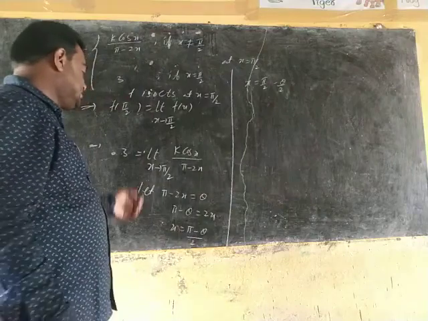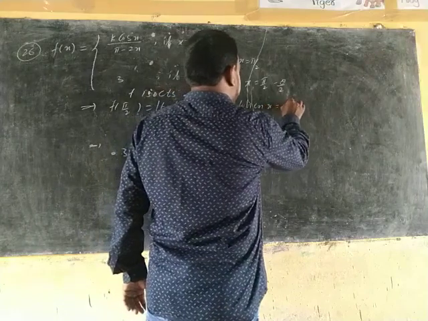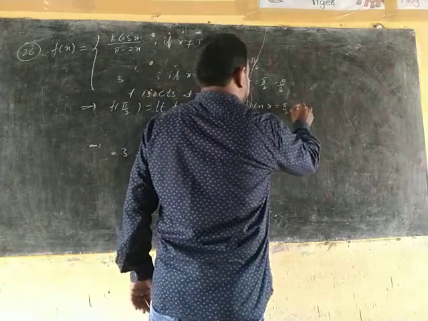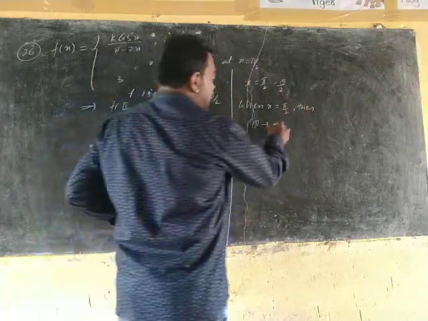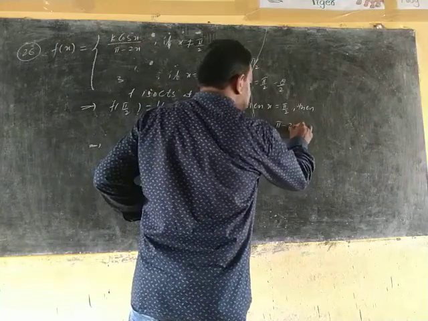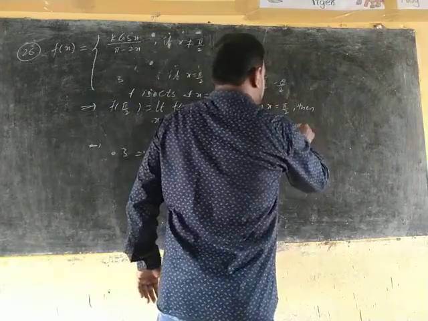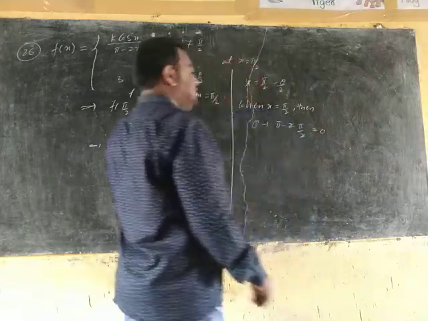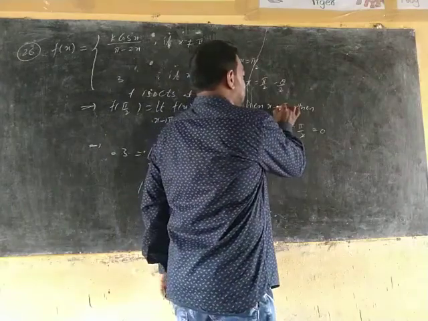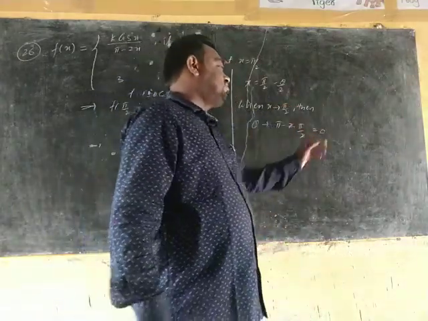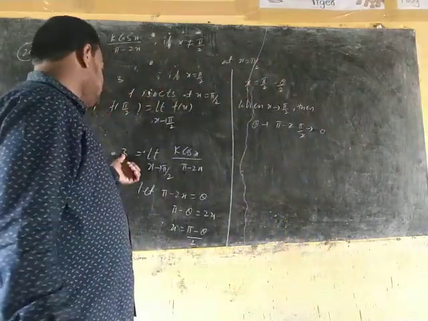When x tends to pi by 2, theta equals pi minus 2 into x; substituting x equals pi by 2, the 2 gets cancelled, pi minus pi is 0. That means theta tends to 0 when x tends to pi by 2.